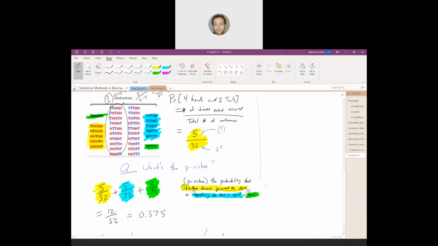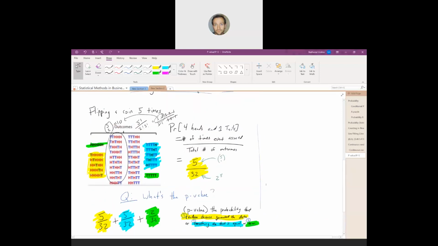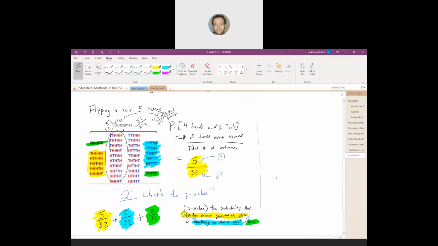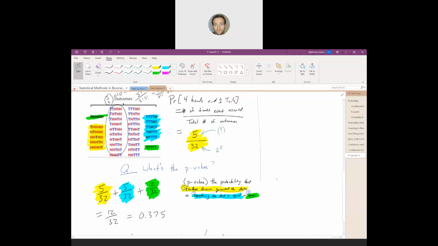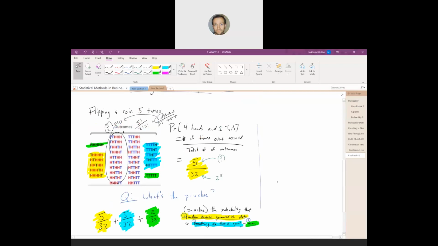So yeah, I'll talk more about this after the break too, but I want to take this example and blow it up. Here, with a fair coin, getting 4 heads and 1 tails is not surprising.